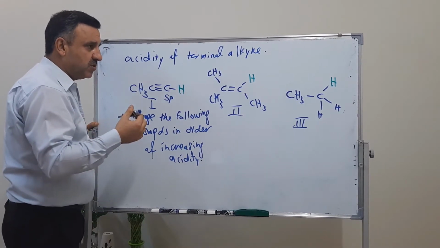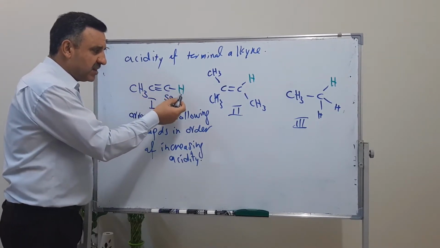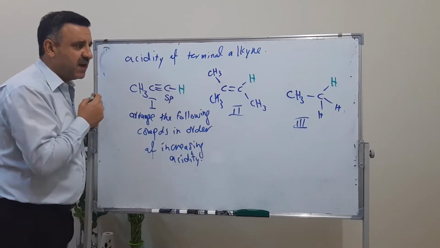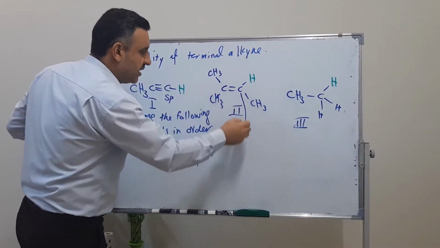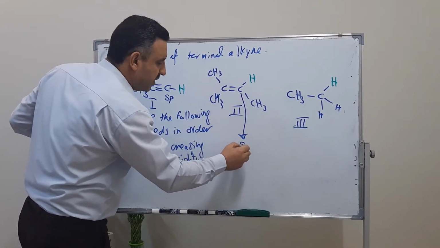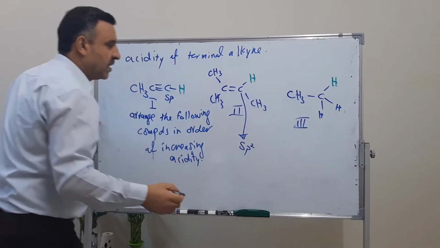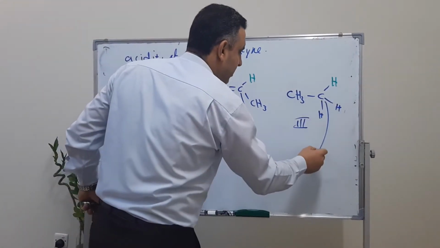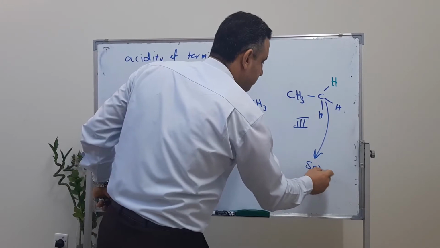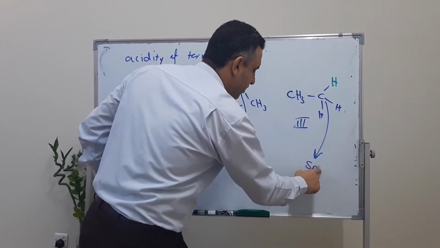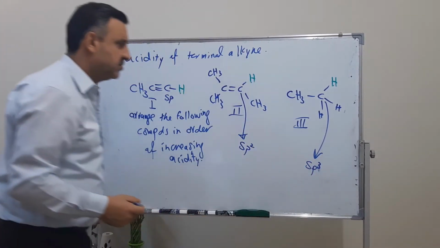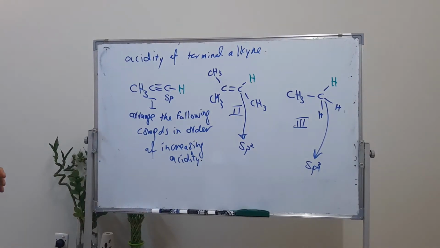That's absolutely true. The hydrogen here is attached to an sp hybridized carbon. The hydrogen in this case is attached to sp2. The hydrogen in this case is attached to sp3. Right? We know this, and we are not going to rediscuss this.